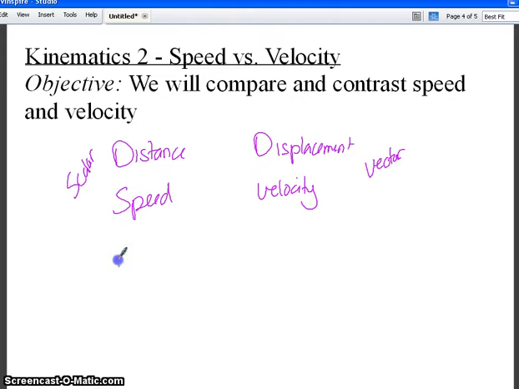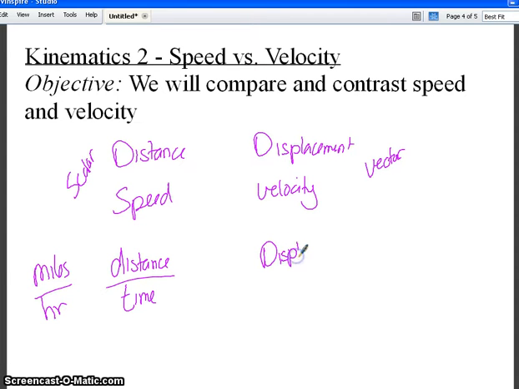Speed is distance over time. For example, something like miles per hour, distance over time. Velocity is displacement over time.